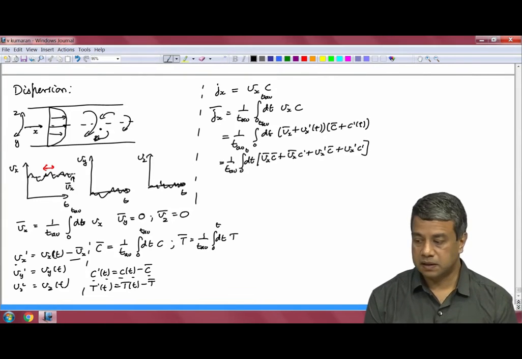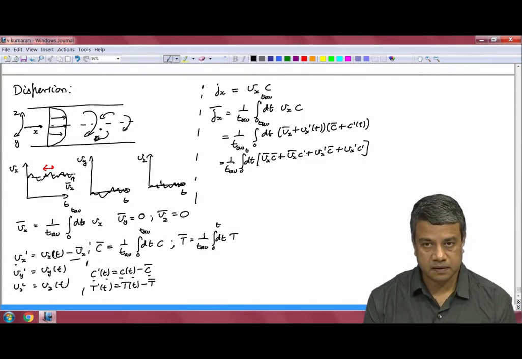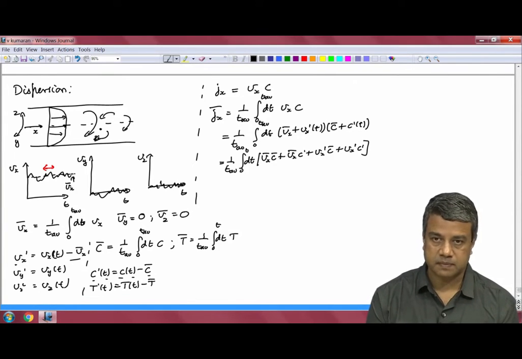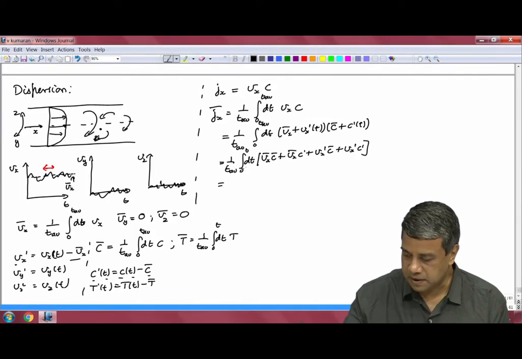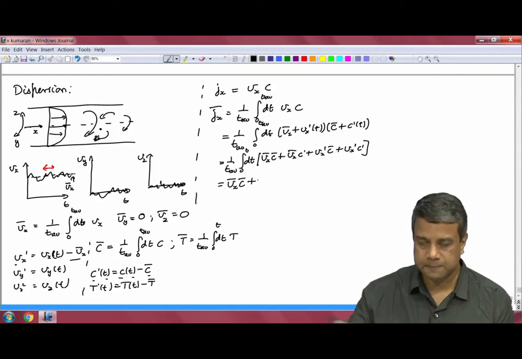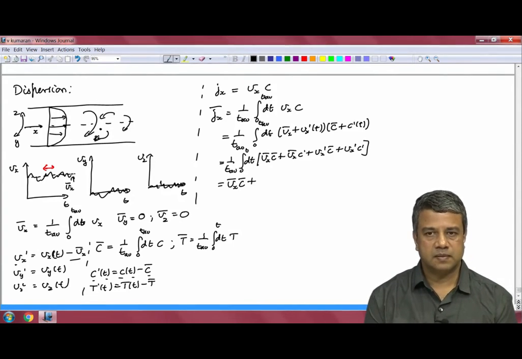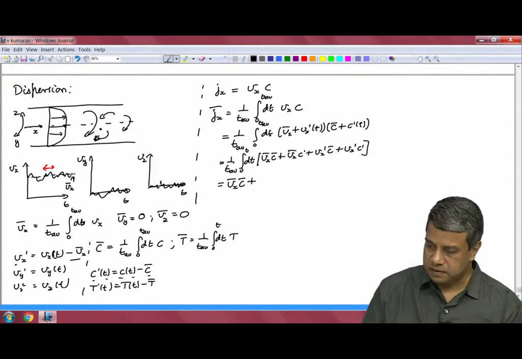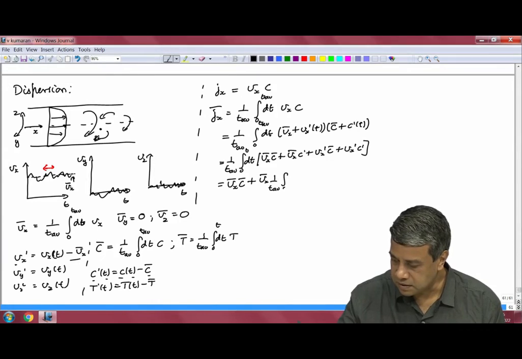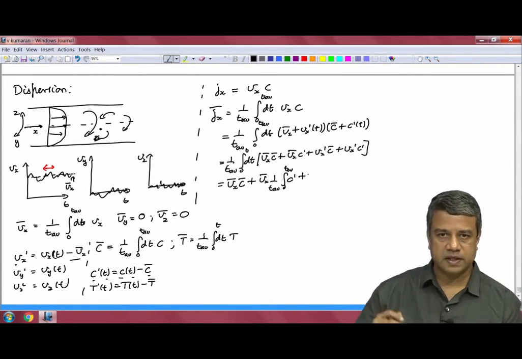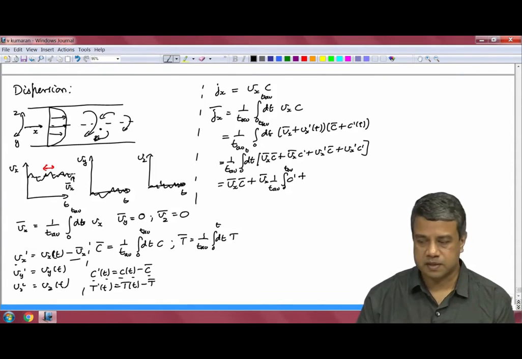Note that Vx bar and C bar are independent of time. They are already averaged over time. So, for example, in the first term, Vx bar and C bar are independent of time, so I will just get the value itself as the average. The second term: Vx bar is independent of time, so I have Vx bar times 1 over T average integral 0 to T average of C prime, whereas C prime depends upon time.